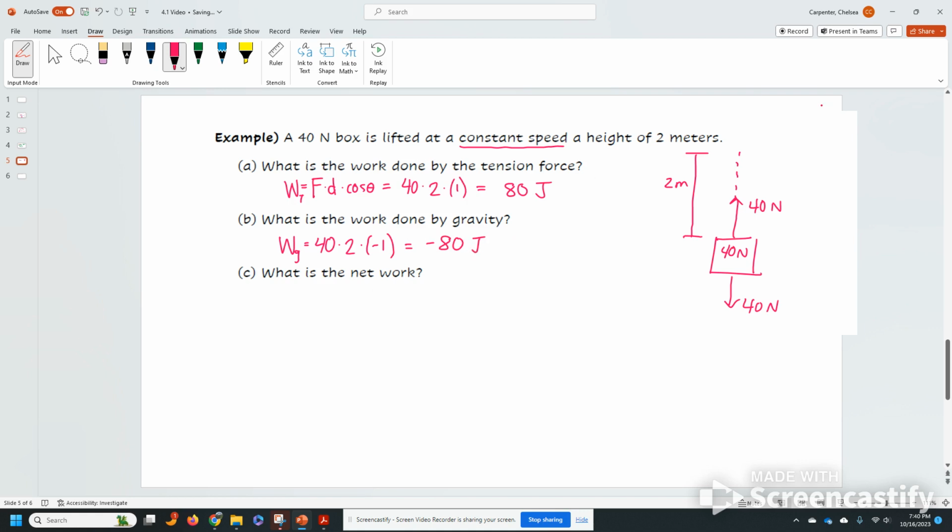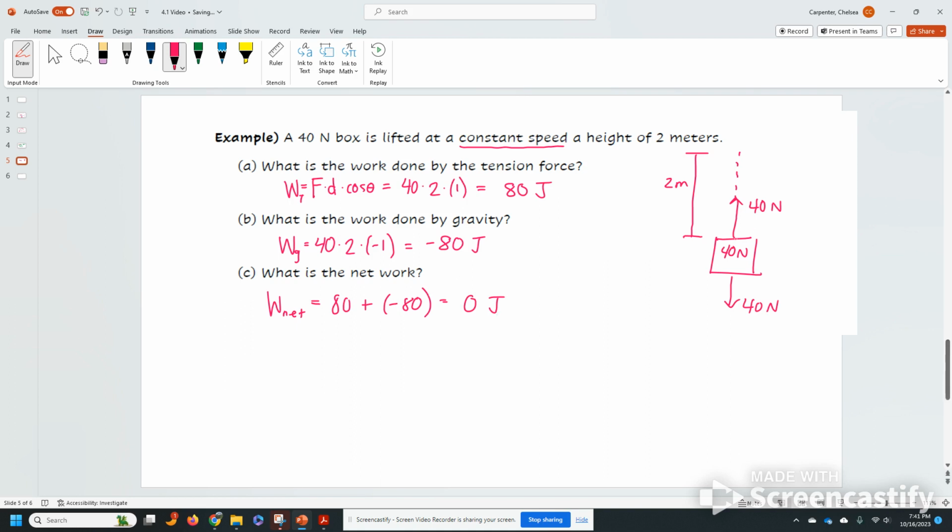Another way to think about it is if we were somewhere where there was no gravitational field and we pulled with 40 Newtons, this would accelerate the box. It would increase the energy, but we're essentially decreasing the energy by pulling backwards with the weight of the box. So the net work, we just add our works together. 80 plus -80 equals 0 joules.